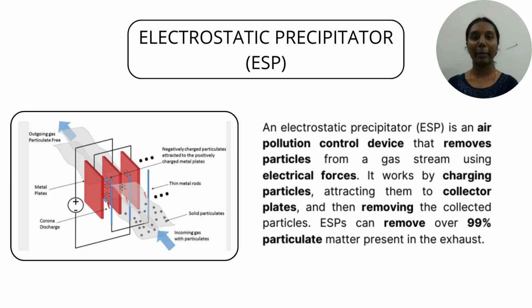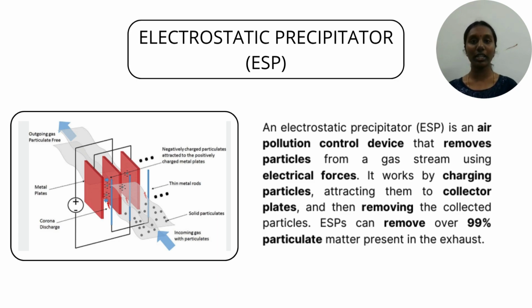It works by applying electrical charge to the particles present in the gas streams. These charged particles are attracted to metal plates where they are collected and eventually removed. The ESP is highly efficient. It can achieve up to 99% removal of even the smallest dust particles.